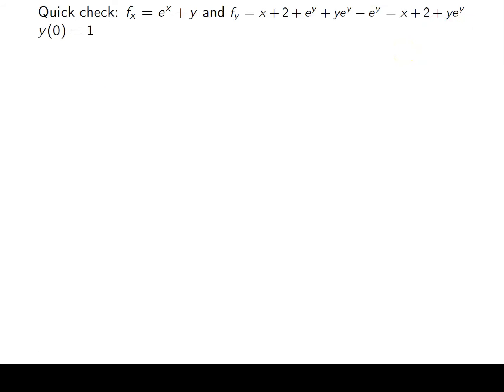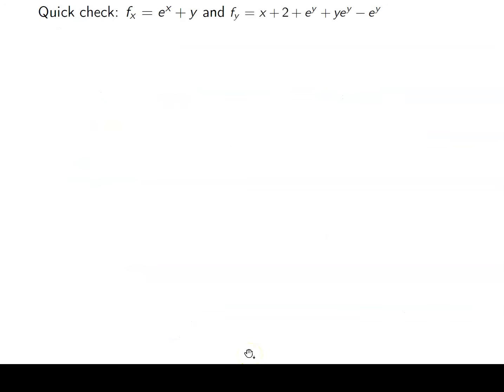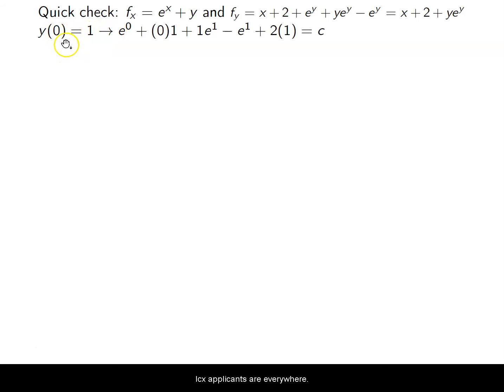Right? So when I plug in my initial value condition to my solution here, right? So I'm plugging in 0 here, and I'm setting it equal to 1. So I plug in 0 everywhere, okay? And everywhere I see x, I plug in 0. Everywhere I see y, I plug in 1, right?